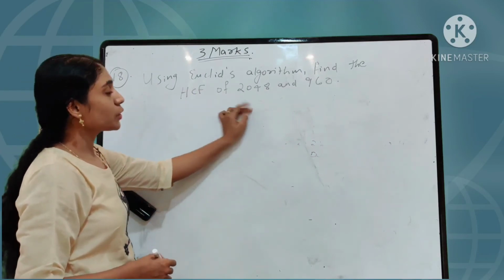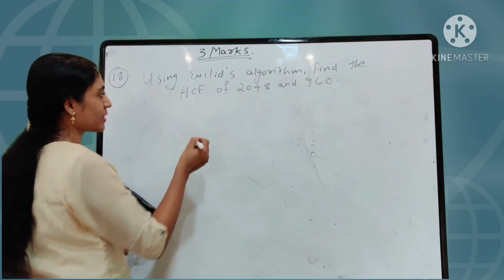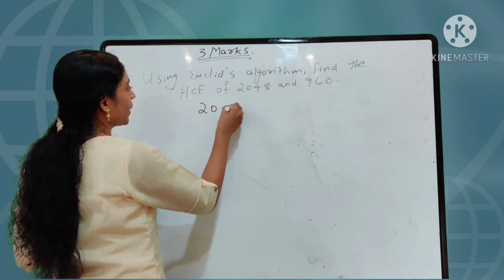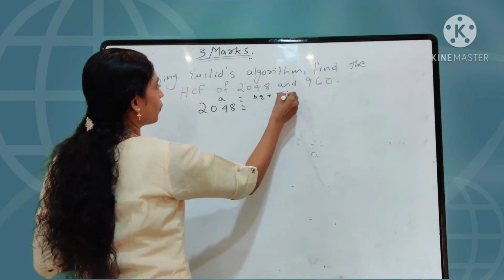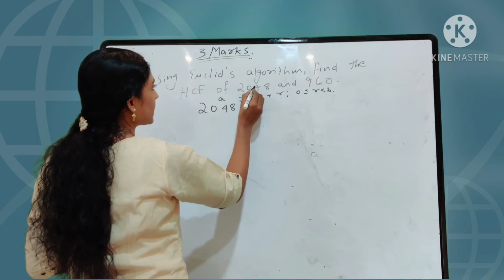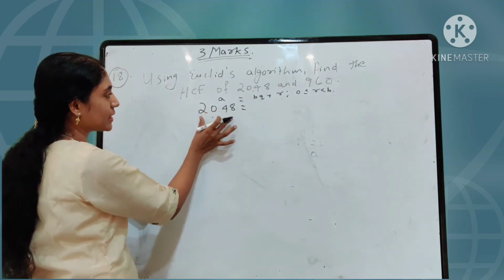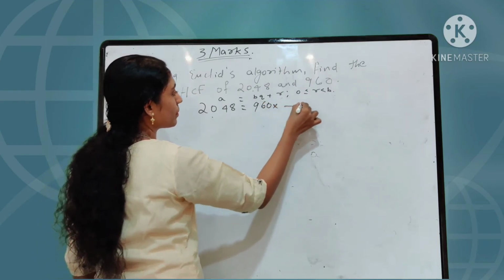This is an OR question to the previous question. The question is: using Euclid's division algorithm, find the HCF of these two numbers, 2048 and 960. See, we know the formula a = bq + r, where 0 ≤ r < b, right? And here a is 2048, the largest number, that is the dividend, and the divisor b is 960, into quotient plus remainder.